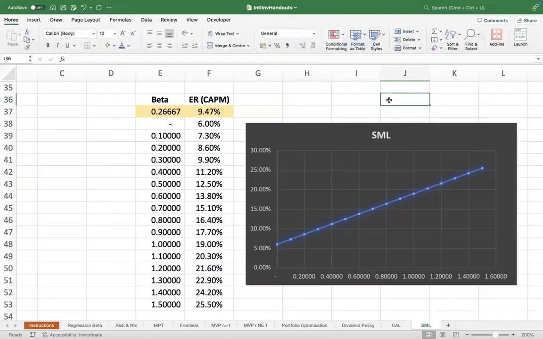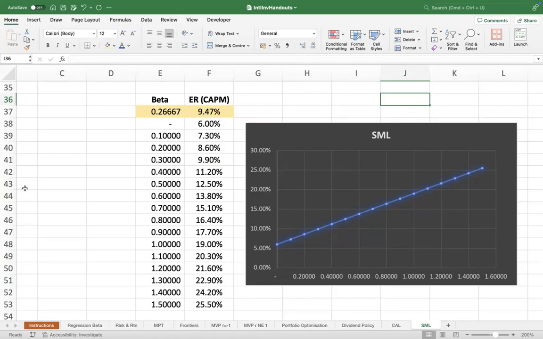Now, if you look carefully at the security market line, it cuts the y-axis at what point? It cuts the y-axis at 6%, which is your intercept. That means the lowest level of return that you can earn is your risk-free rate of return. And that's why RF is your intercept.